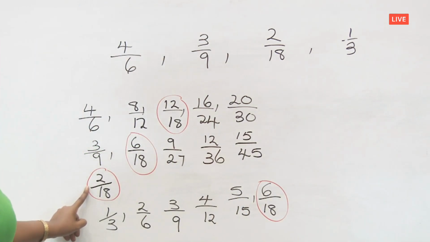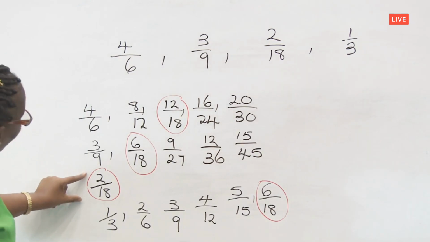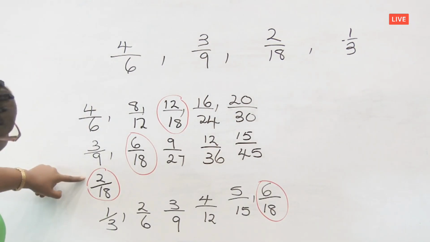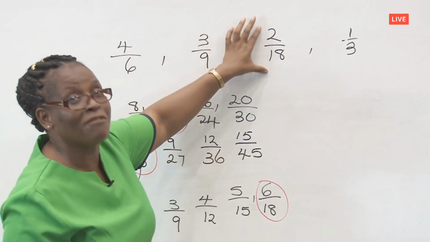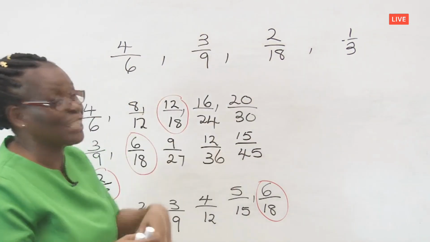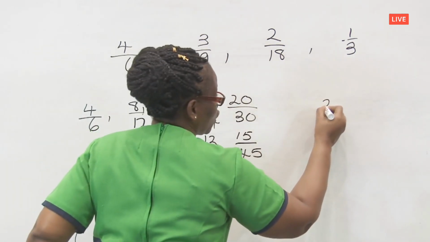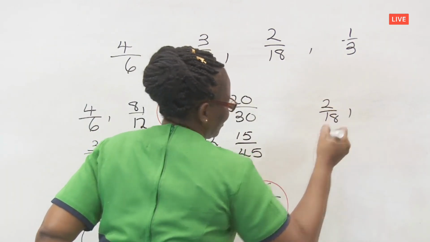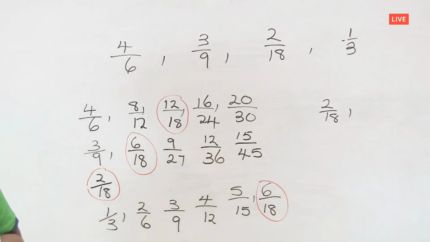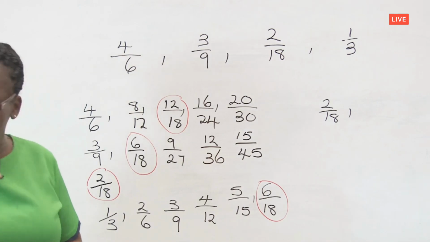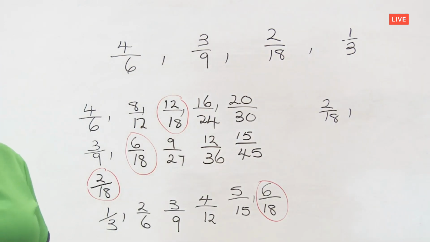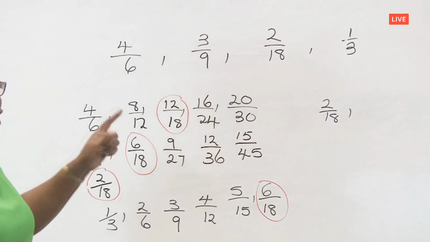So which of these do you think is the smallest? Yes, 2/18. But you are not going to arrange 2/18. Why? Because I did not give you 2/18 to arrange. So you are going to look 2/18. See? 2/18. Oh yes, 2/18 is here. Very good. So this is 2/18, so we have to use our 2/18. So the first one will be 2/18.